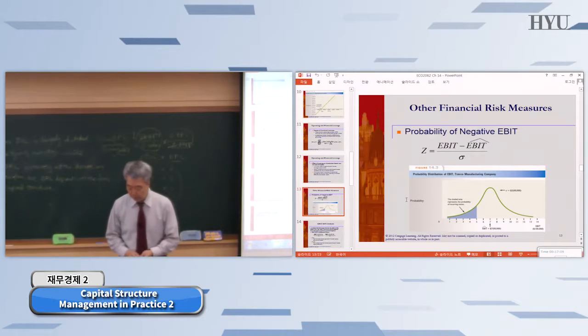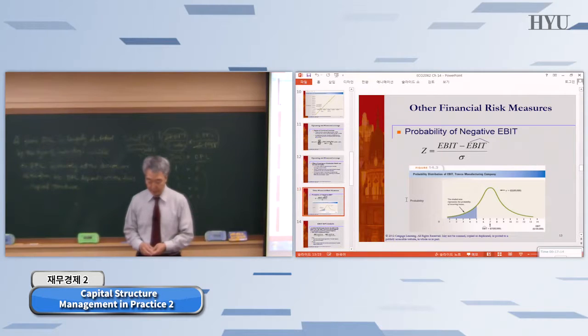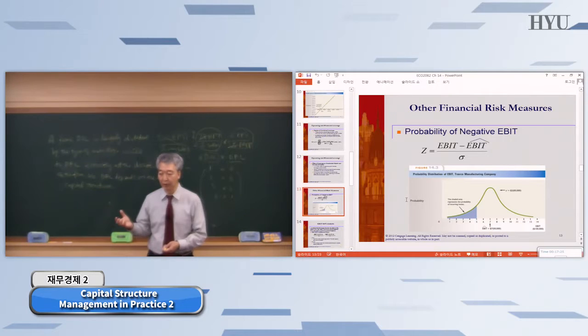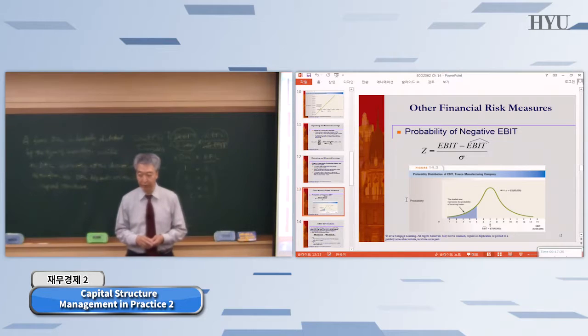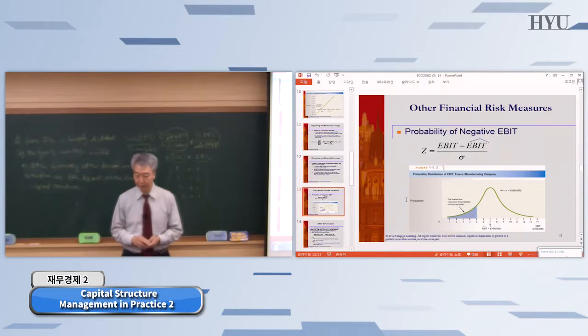So here, let's assume that operating income is distributed normally. In other words, over the years, sometimes you're going to make large operating income, sometimes small operating income, and sometimes you lose money, negative operating income. But if you can assume that this distribution has a normal shape, then we can calculate probability.